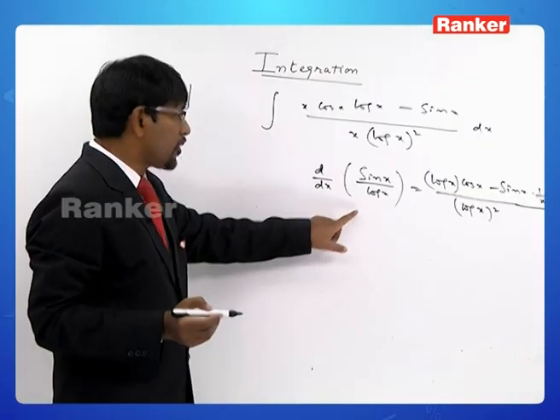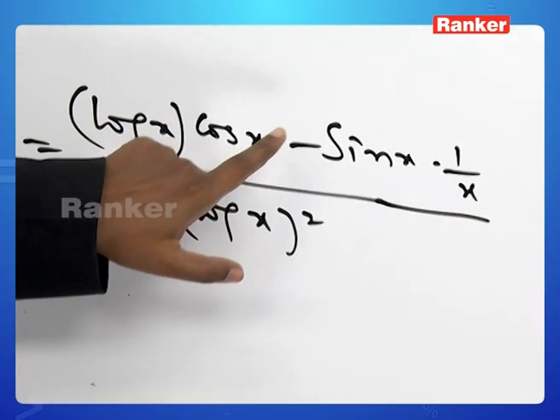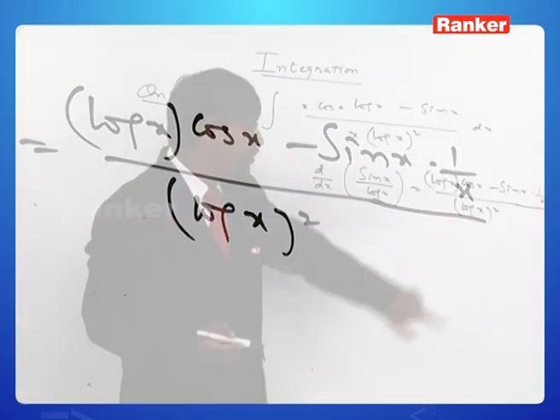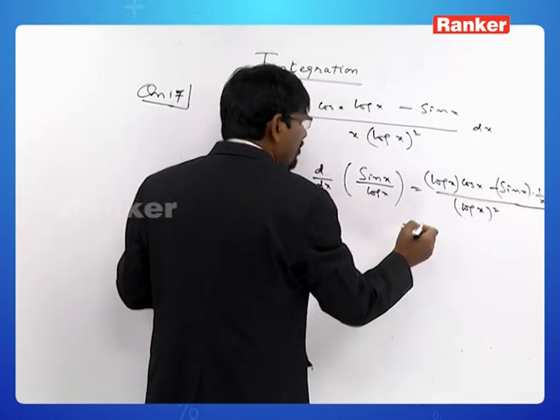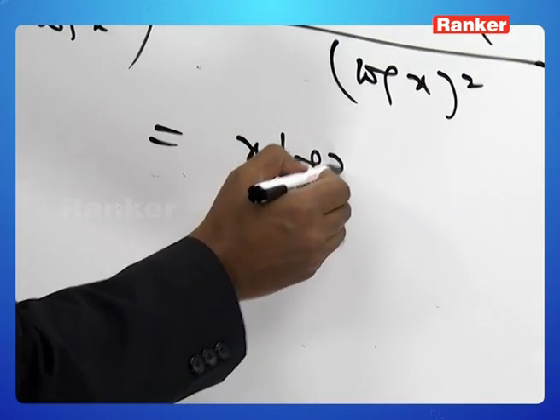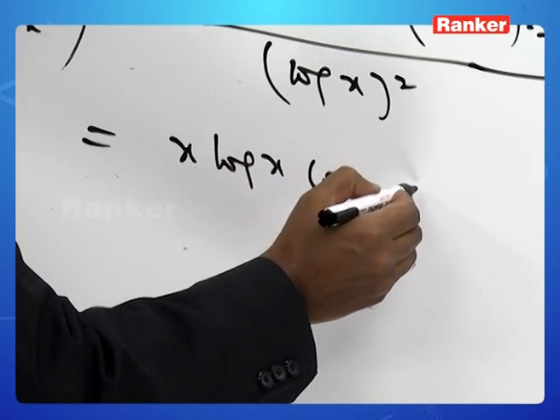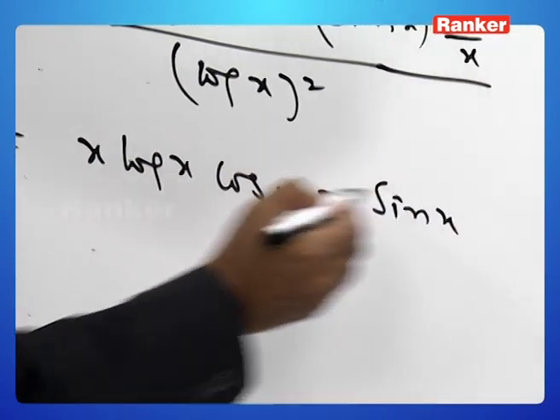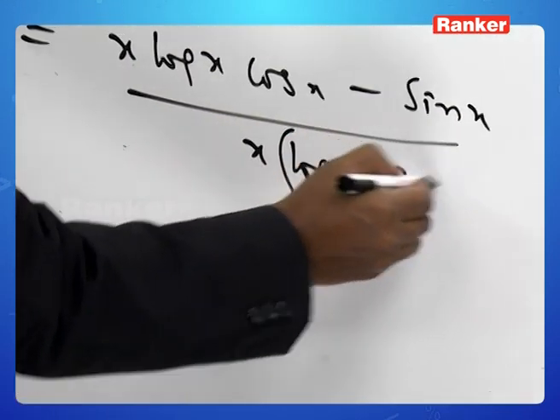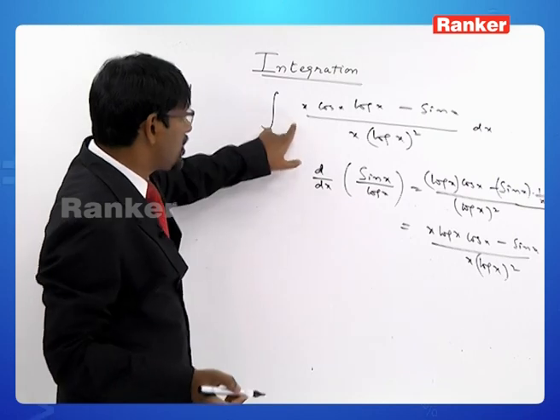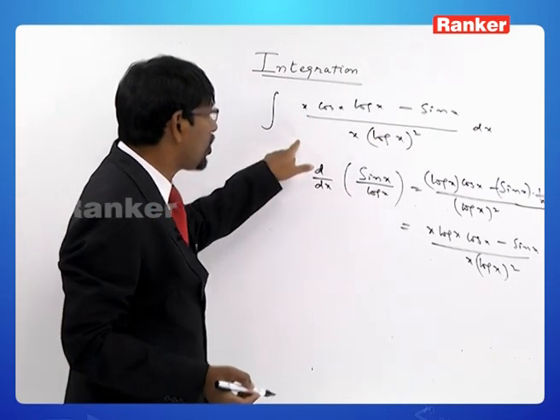That is d by dx of u by v is v du by dx minus u dv by dx by v square. So it is x log x into cos x minus sin x by x into log x square. So this is the derivative of sin x by log x.